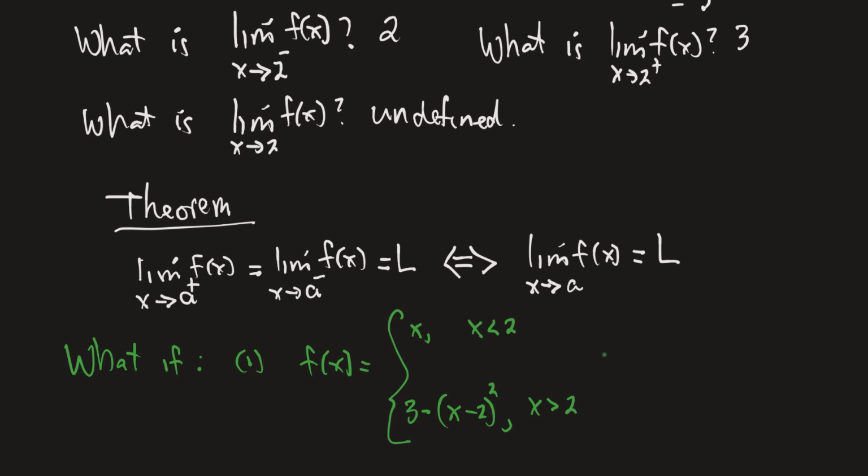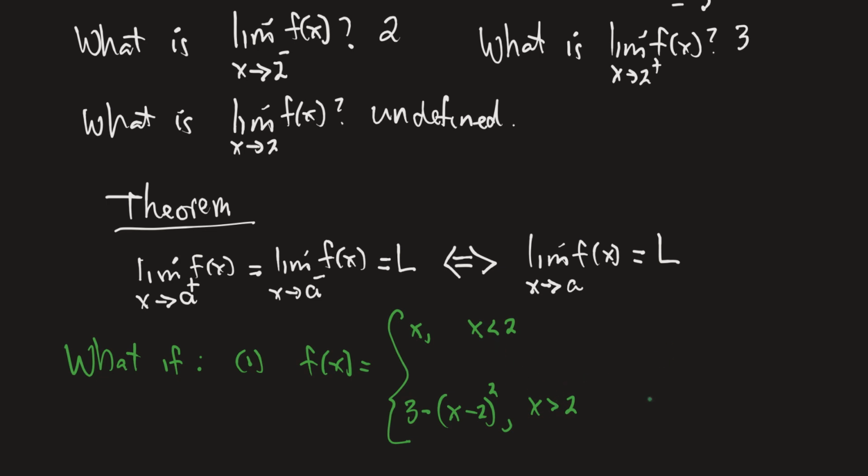So what if the function looked like this, and this is fine, right? So we know that when x is strictly less than 2, it's the linear function. When x is strictly greater than 2, it's the parabola. But what happens at 2? Well, what it means is that this function is not defined at x equals 2.